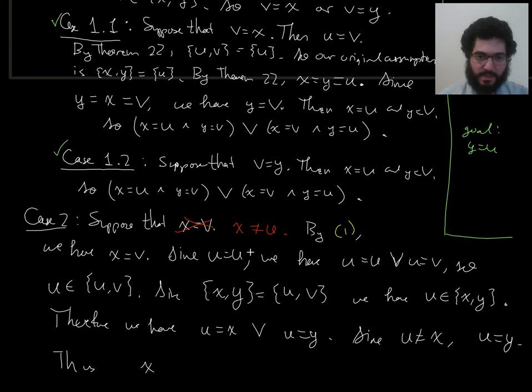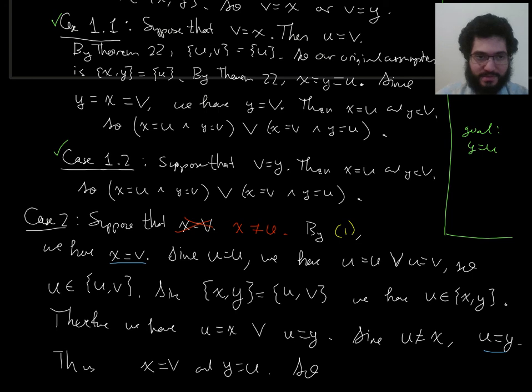Thus, x is v. So let me find the things that I needed. We got x is v, and we got u is y. X is v, and let me write it as y is u.